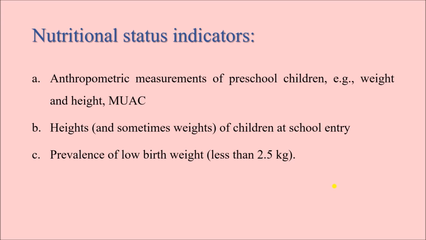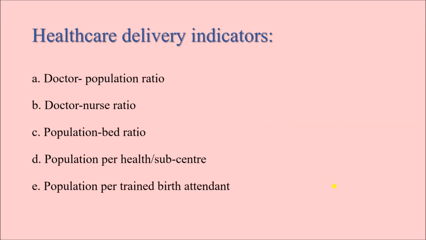Prevalence of low birth weight, that is birth weight less than 2.5 kg, can also give us some idea about the nutritional status of the mothers and especially the women of reproductive age group. Similarly, prevalence of iron deficiency anemia can also give us some idea about the nutritional status in terms of iron deficiency among the women of reproductive age group. So these are the different indicators that we have for nutritional status assessment.